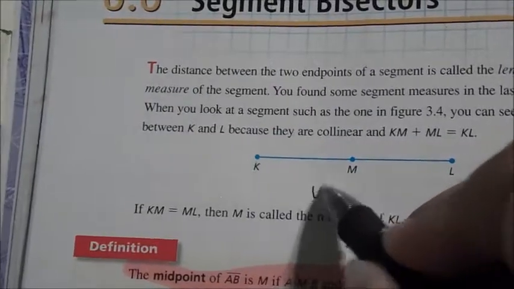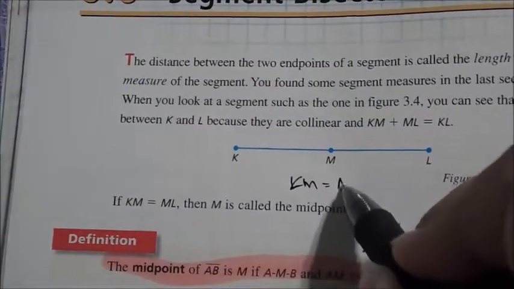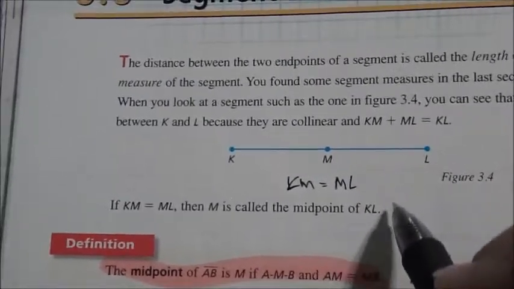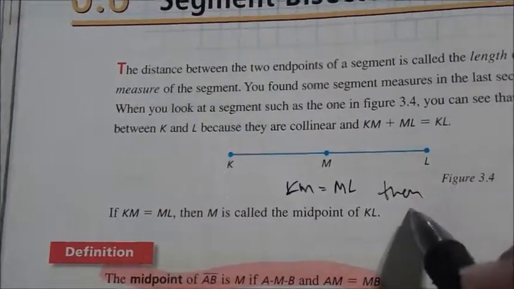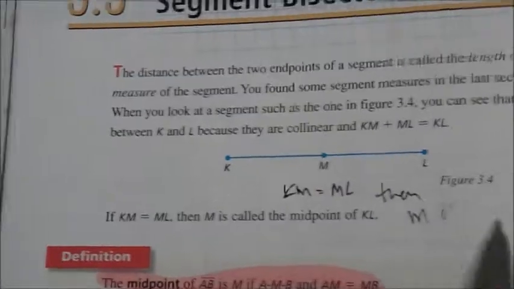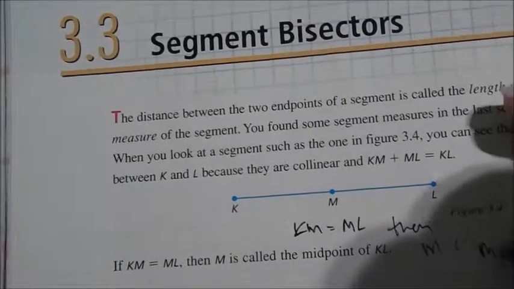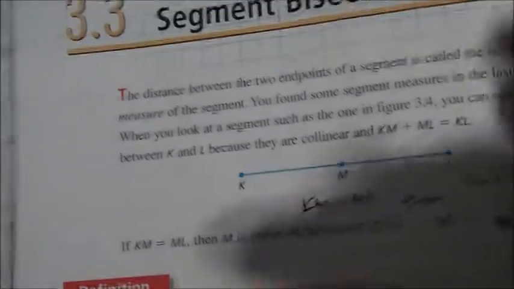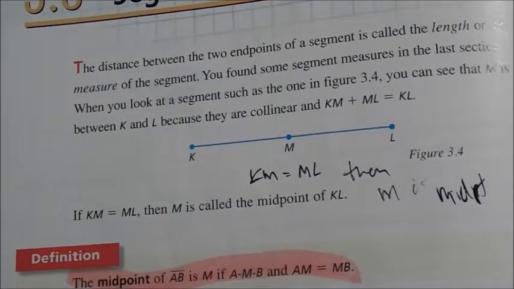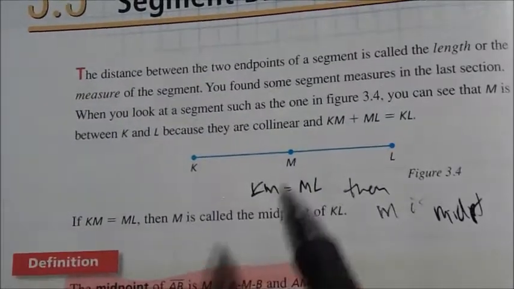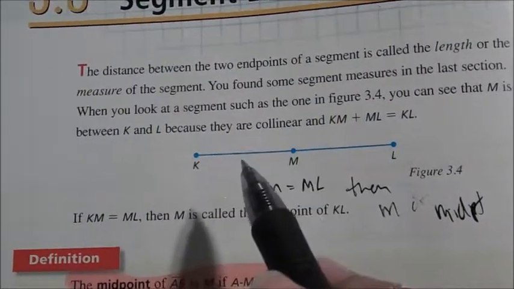Let me put that up here: KM equal to ML, then M is the midpoint. That's how you know it's the midpoint. If it's between, for starters, but you also have to have this portion equal to that portion.